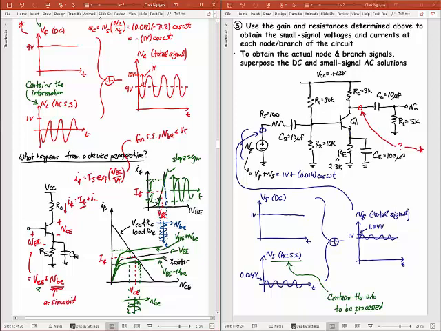Right? Remember VT was 25 millivolts. Okay? If I do that, then my small signal analysis is probably going to work very nicely. And most of the time, that's how small that input's going to be. It's actually going to be much smaller than that in most cases. Okay? Any other questions about this whole thing?